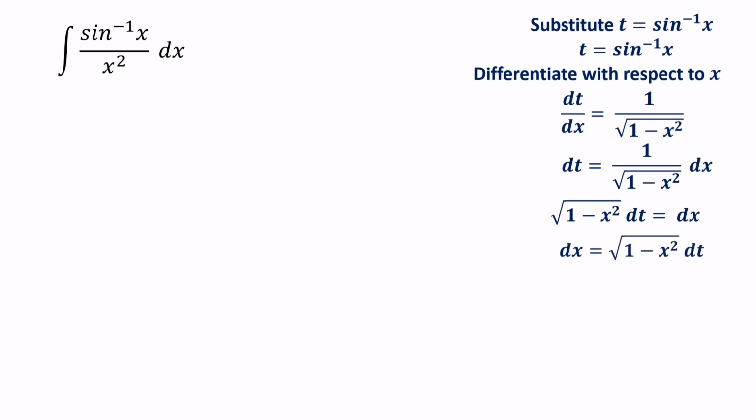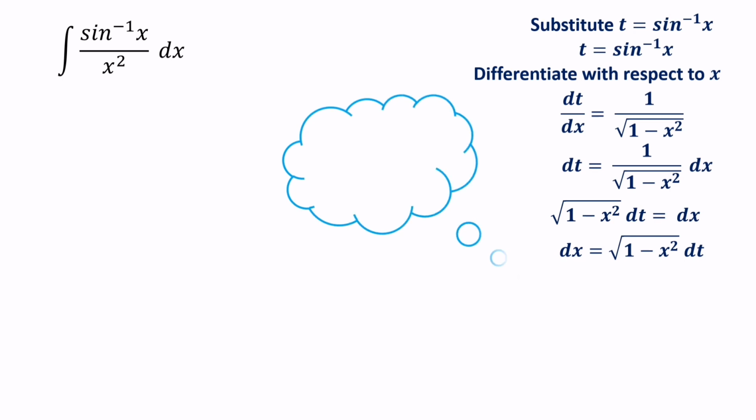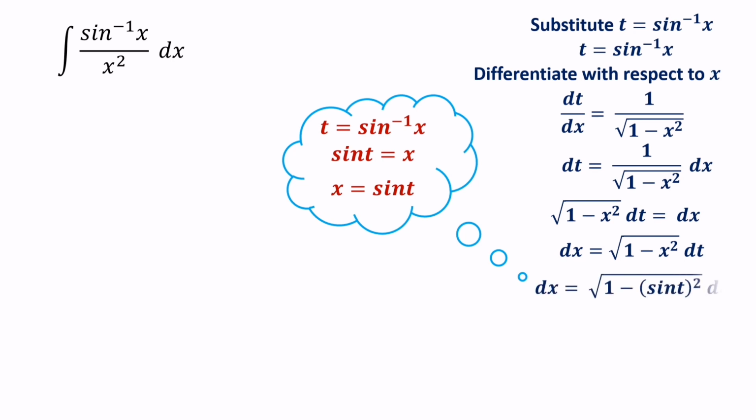Okay. Now we know t equals sin inverse x, so sin t should be equal to x, then x equals sin t. Here, instead of the x value, we can give a substitution again, x equals sin t. So we can write dx as root 1 minus sin squared t into dt.